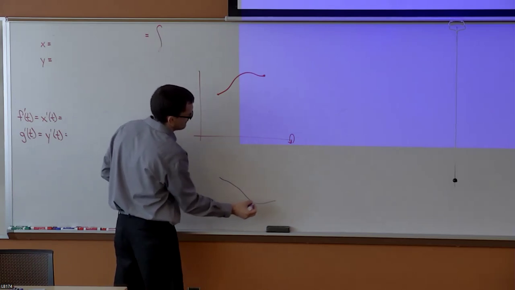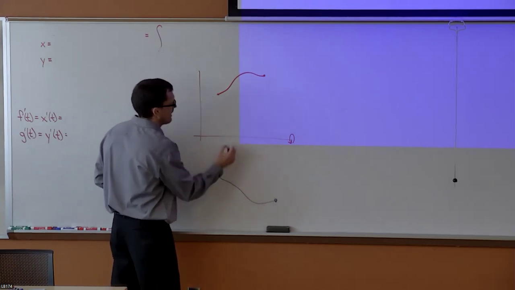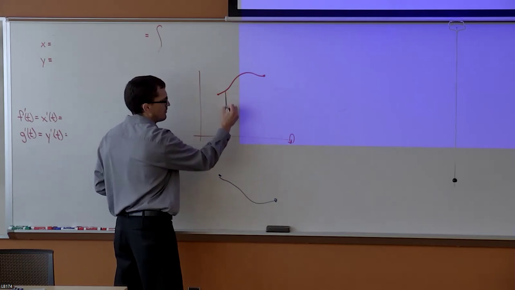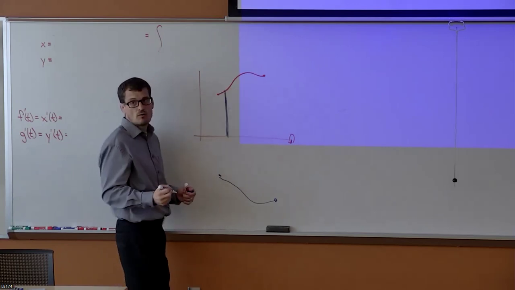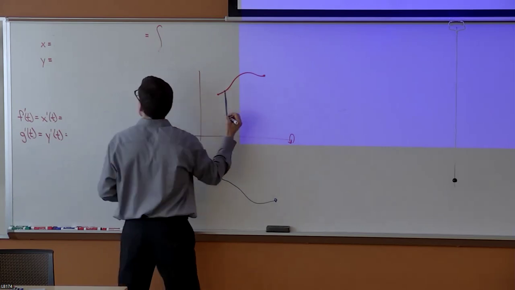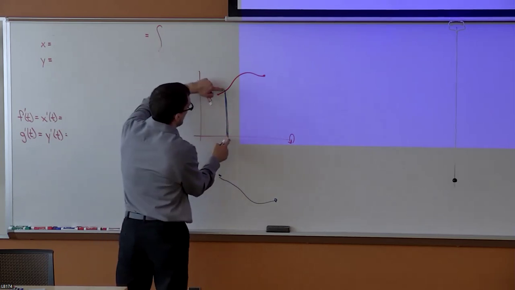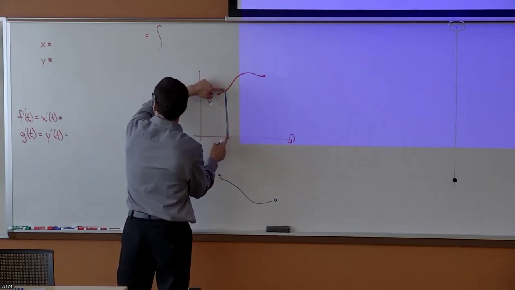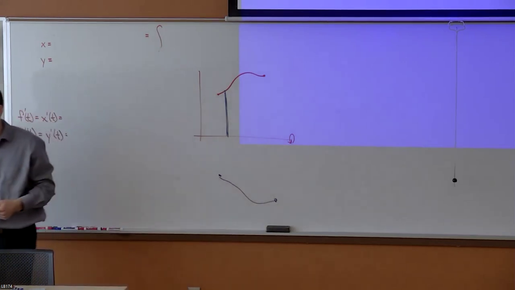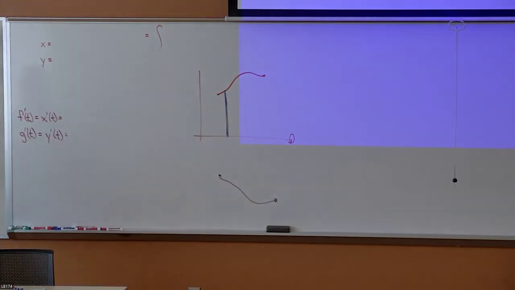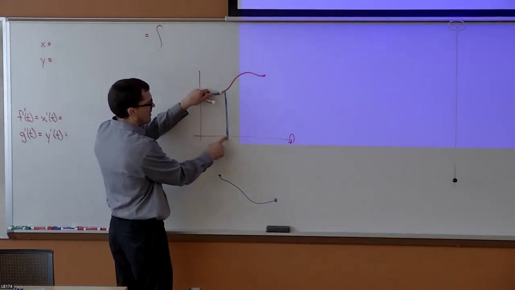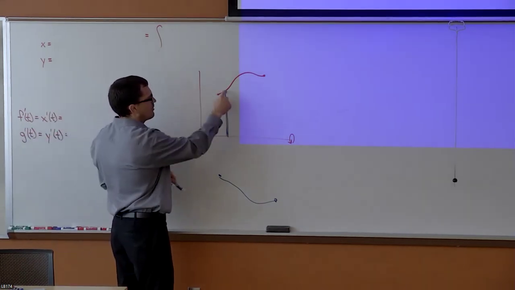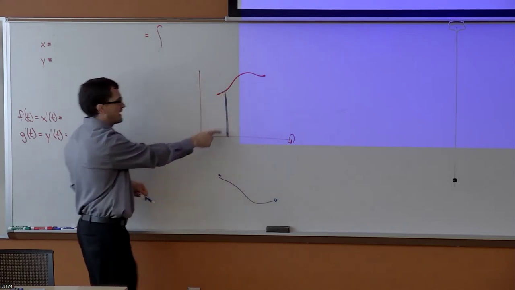I didn't draw it very well, but you can imagine. And what would the radius be? Well, the radius is how far from the x-axis we are up. Well, how far are we up? That's a measurement of the y value on my curve.